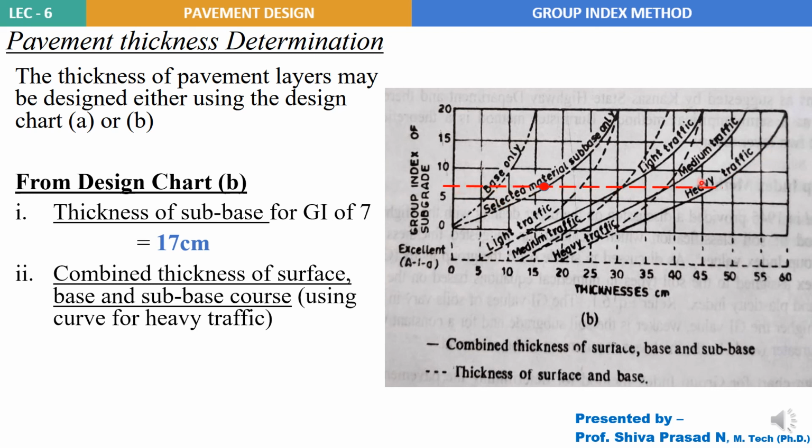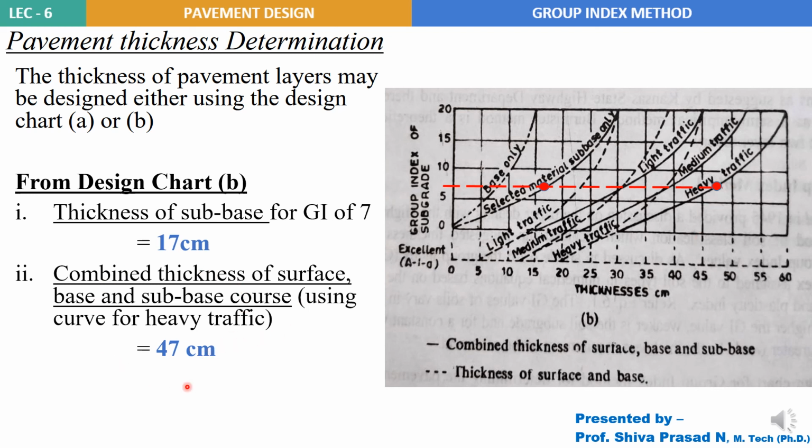Horizontally I'll move here and reach this curve and mark that point, and from there if I vertically drop down, I will reach a value of 47 centimeter, in between 45 and 50. You can observe here. So that is 47 centimeter, which is the combined thickness of surface, base and sub base course using the curve for heavy traffic.